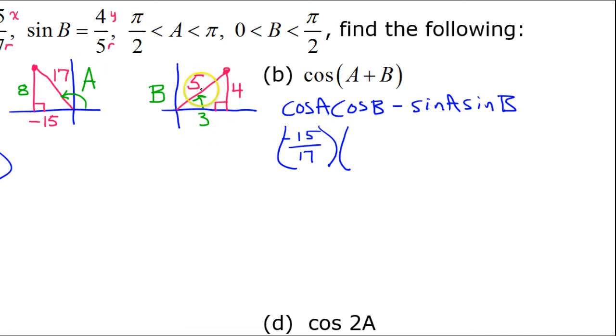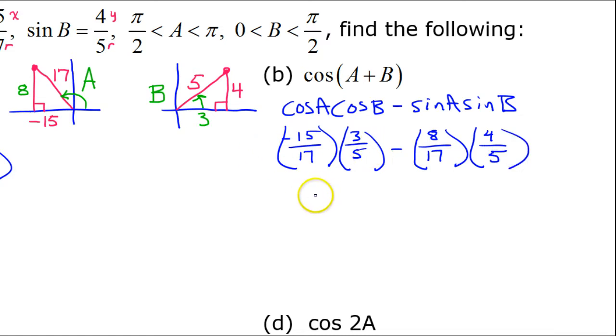Cosine of B is 3 over 5, minus sine of A is 8 over 17. Sine of B is 4 over 5. Alright, so this is going to be negative 45 over 85 minus 32 over 85.